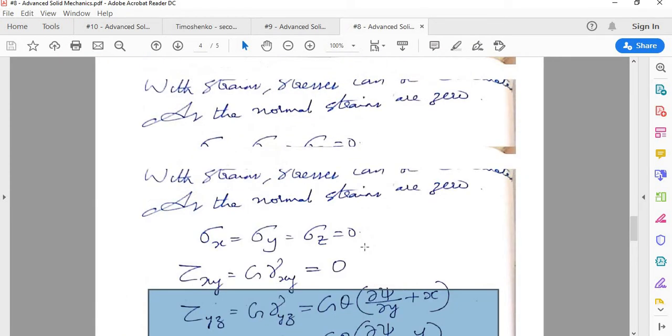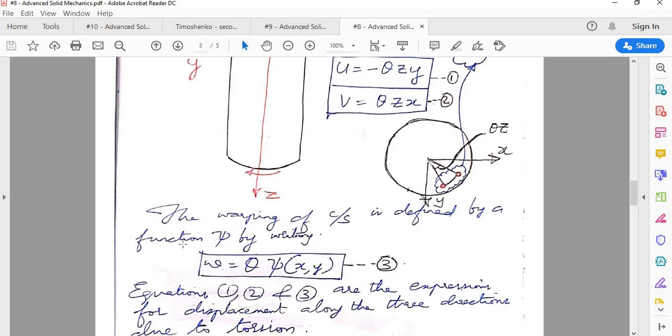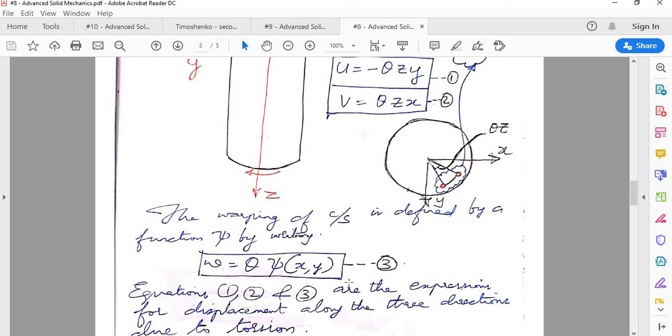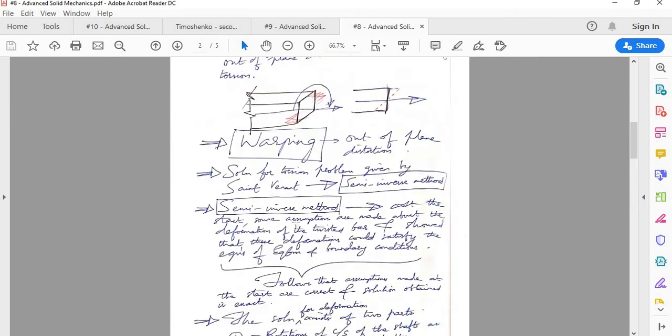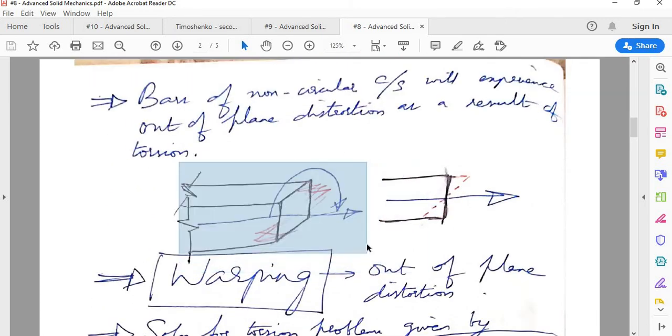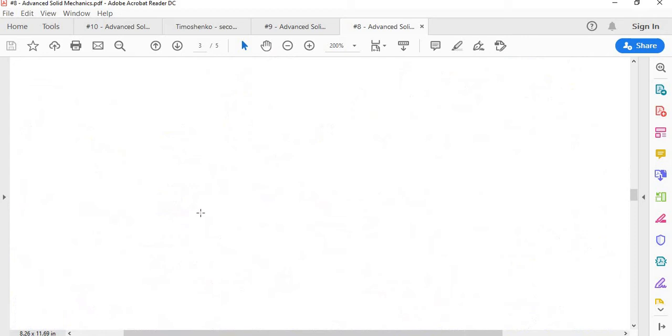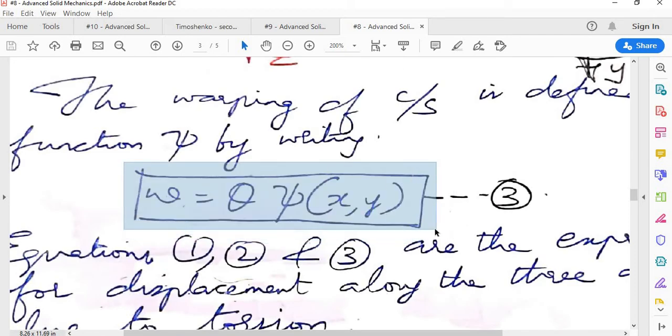Remember, we discussed that warping is what makes the problem of torsion complicated. Otherwise the solution of torsion even for non-circular bars would be much simpler. It is the out of plane deformation, known as warping, when you have twist, that makes the problem of torsion complicated. For warping, we had arrived at the following expression for W.